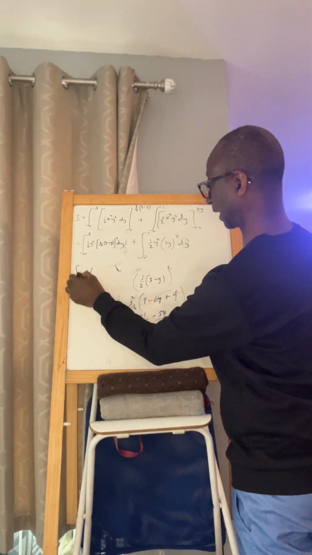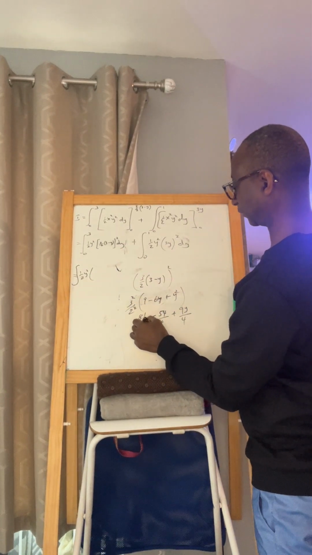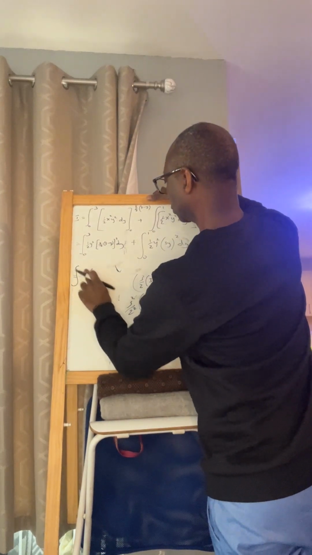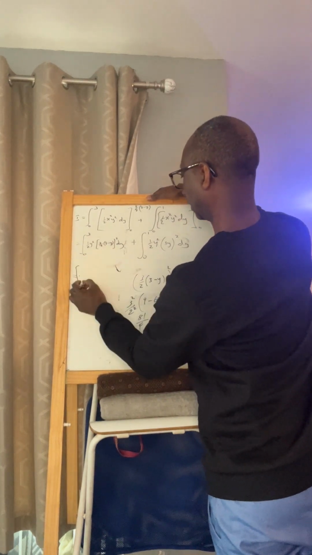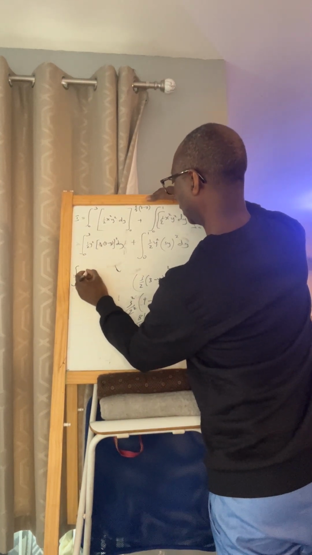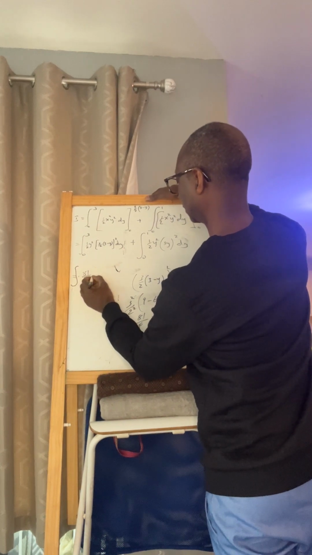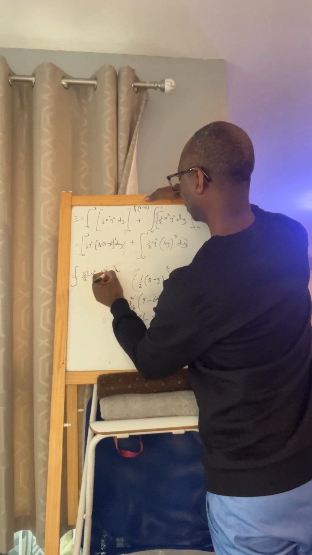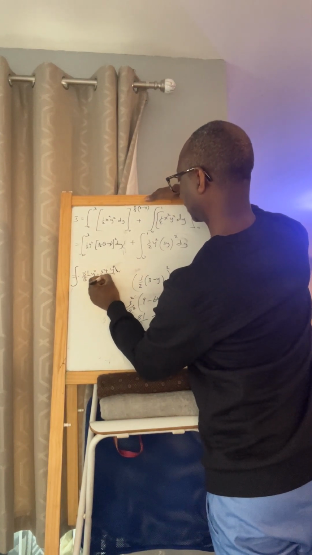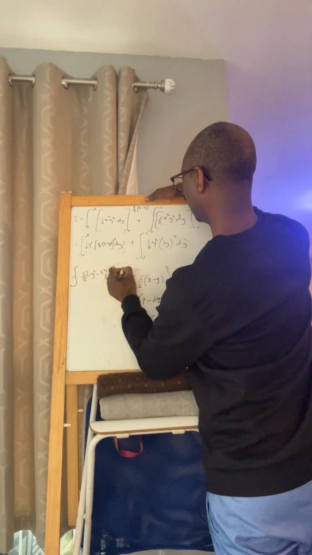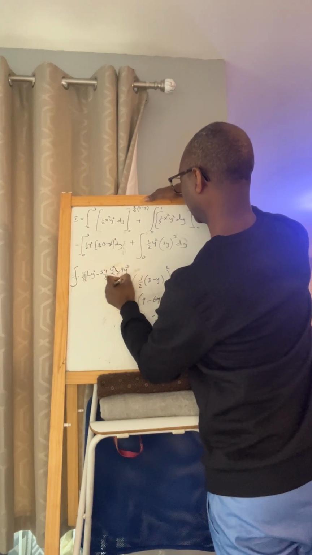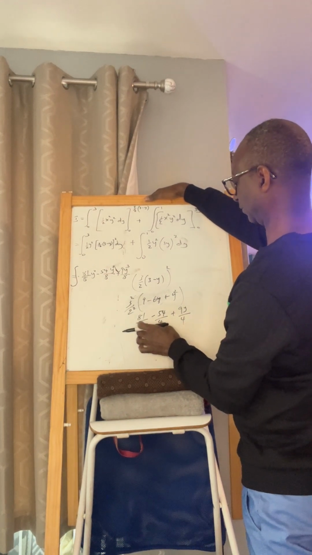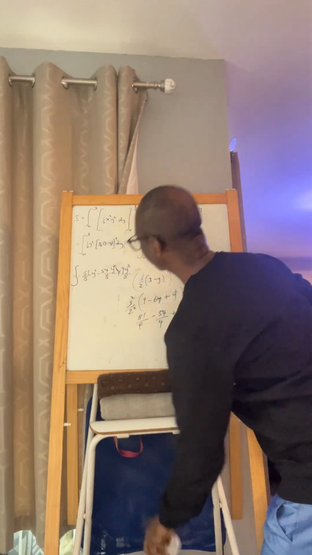But you have again 1/2 outside. So this 1/2 now, the bottom is going to be 8, 8, 8, 8. So now you're going to have 81 all over 8, minus 54 y all over 8, plus 9 y squared all over 8, because there's a y here. Yeah, no, we can even simplify this.